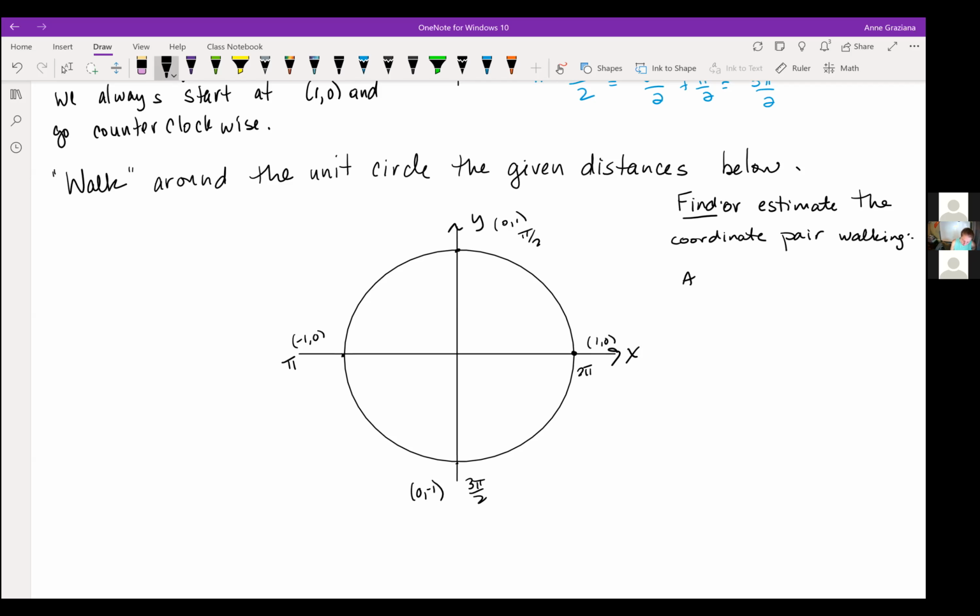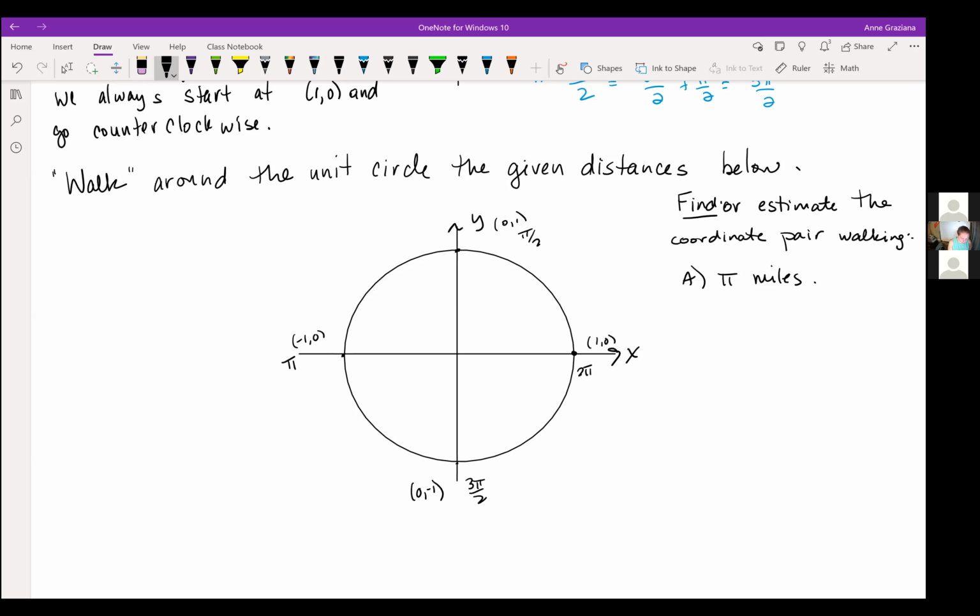Okay, so here's A, pi miles. And I'm using the word miles. They're not really miles. In that case, maybe radians would be the thing, but just to not get too technical, okay? Because all we're doing is trying to walk around the circle to that point and then tell me what the coordinates are.